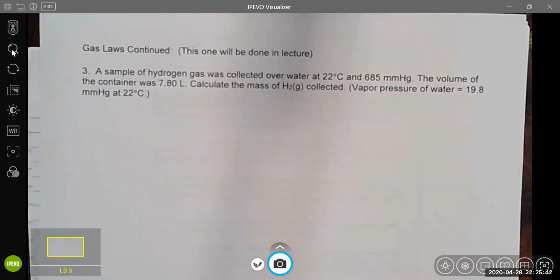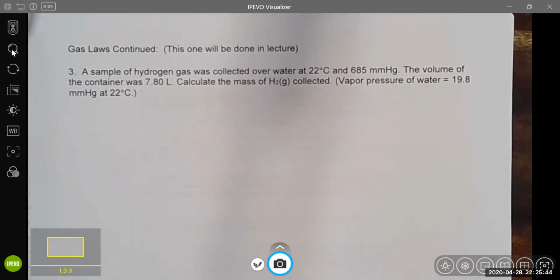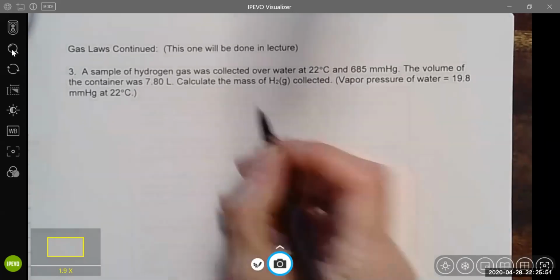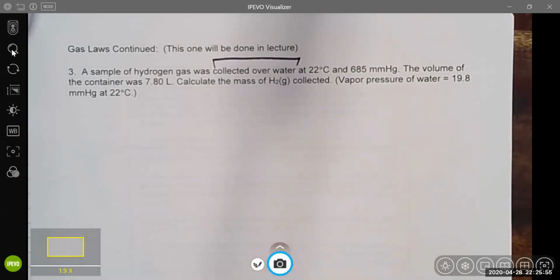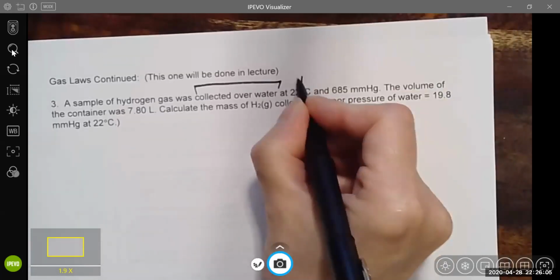Here we go. So this kind of goes by the last picture. A sample of hydrogen gas was collected over water. So when you see that, that's your key. That's how you know that's this type of problem. It's going to involve that equation of partial pressure. So a sample of hydrogen gas was collected over water at 22 degrees Celsius. So we know the temperature.